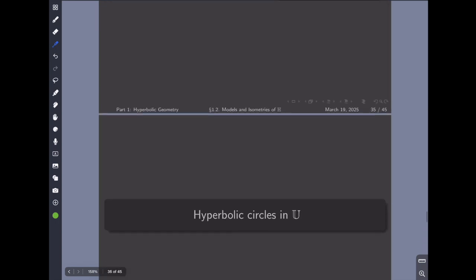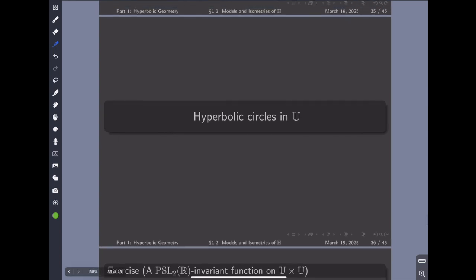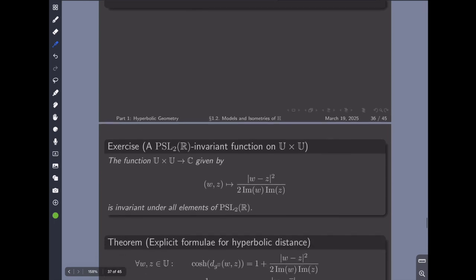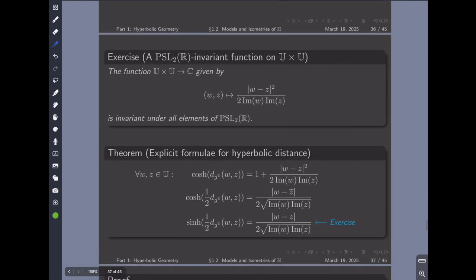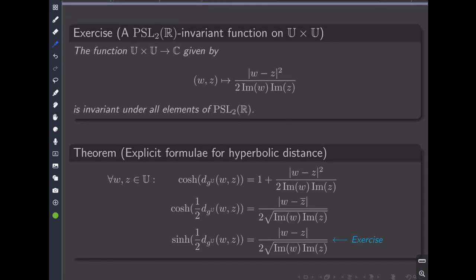But let me keep going, and then maybe at the end or tomorrow I show you some animations regarding that, because I do want to be able to see how the hyperbolic circles look in the upper half plane, mainly because along the way there's going to be a couple of identities that will be essential for the hyperbolic version of Ptolemy's identity.